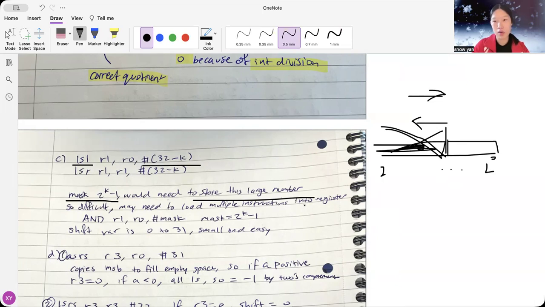That means we're going to literally take more steps than what we currently do with just shifting. Because with shifting, we just need two registers. We do one step of shifting to the left and then one step shifting to the right, which is very easy. Whereas the loading, then the storing, then the AND would take more steps, especially if K was large. So that's the advantage of shift over masking.